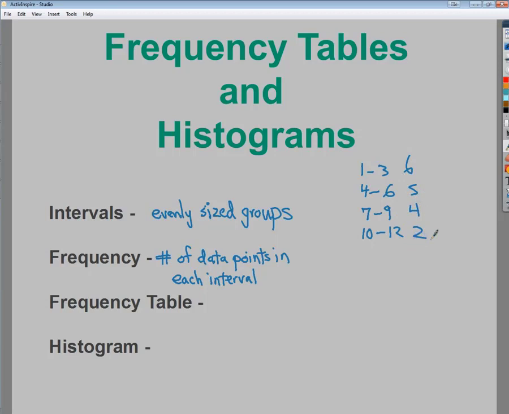And then a frequency table, it's just a way to visualize that information. So it groups them into intervals and then shows the value for each interval. So it's a table that displays the intervals and the corresponding frequencies.